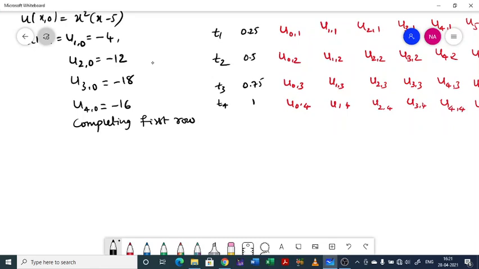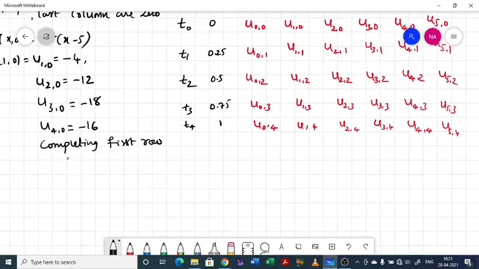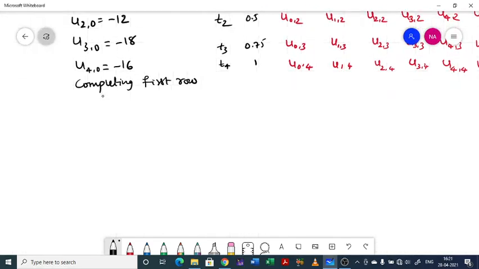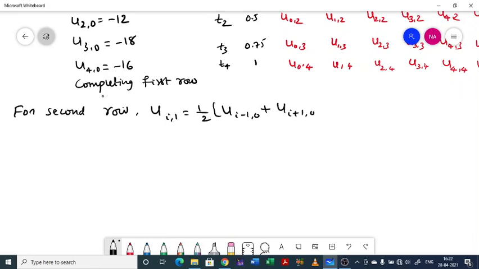Next, you have to compute the second row. You have to use the formula for the second row: u i, 1 equal to 1 by 2 times u i minus 1, 0 plus u i plus 1, 0.